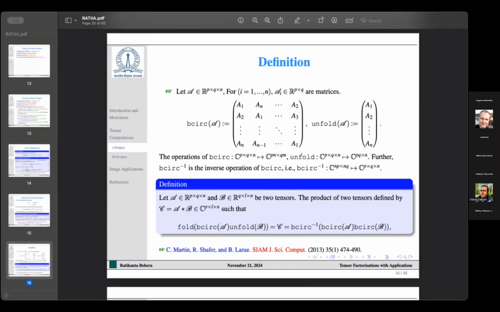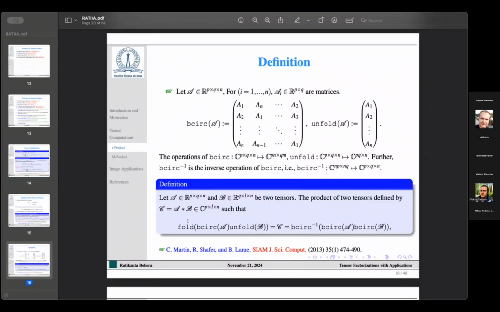Now the operations. Bcirc: we can write the third order tensor as this matrix. Whereas unfold of A turns the third order tensor into this matrix. And bcirc inverse is the inverse operation, we can write this.